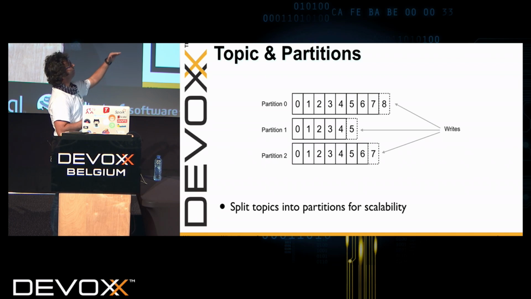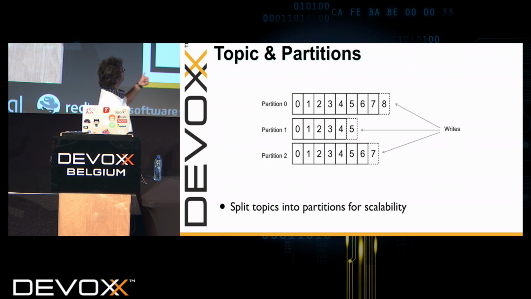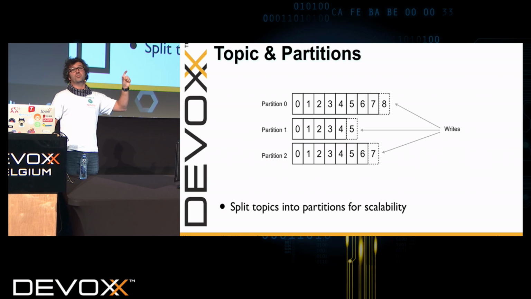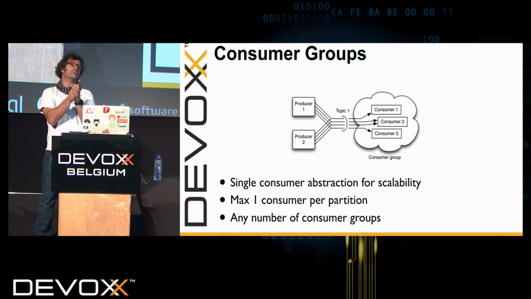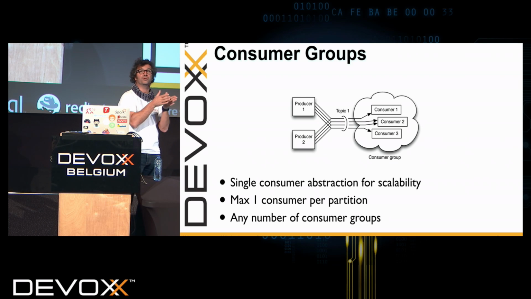So for example, if you have car 0 in partition 0, and car 2 in partition 2, you can be sure that the order of the messages received for car 1, car 0 and car 2 will be good, but you cannot be sure that the messages between car 2 and car 0 will be sent and received in the same order. And it's also due to the way the consumers are working. For the same reason, if you want to scale, you want to add more servers to consume the information.